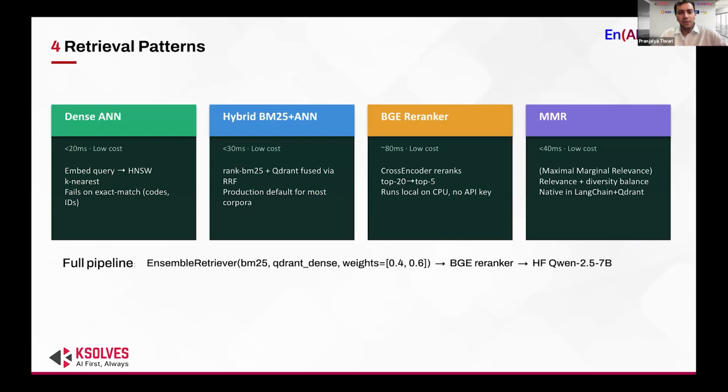So what do we go for? We go for a hybrid BM25 plus ANN. ANN is the previous one, the dense semantic meaning part, and BM25 is the word frequency part. Here we create something called an ensemble retriever. To this ensemble retriever, we say use BM25 as well and use dense ANN as well, and we give certain weights associated with these two retrieval patterns.